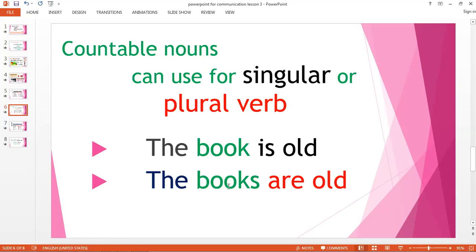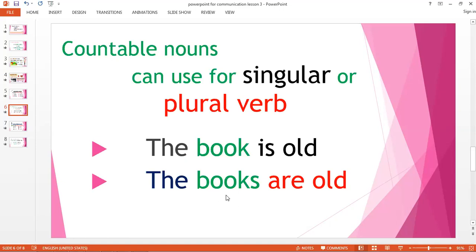If you see a plural noun here, of course the verb that you are going to use is also in a plural form. You cannot say the books is old, because the noun here is more than one. It should be are, in a plural form.